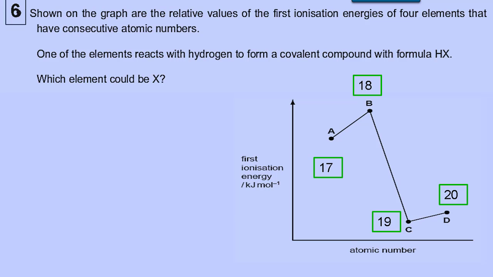The element before the noble gas will be an element of group 7A, which are characterized by high ionization energies. After the noble gas, we have an element from group 1A, then an element from group 2A. Of course, the element that will form a covalent compound with hydrogen with the formula HX will be element A.